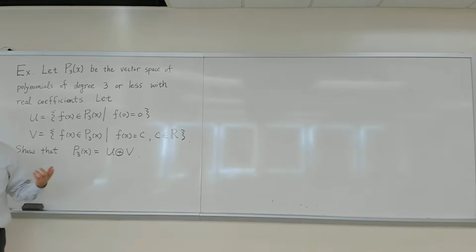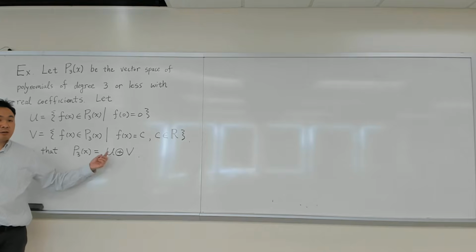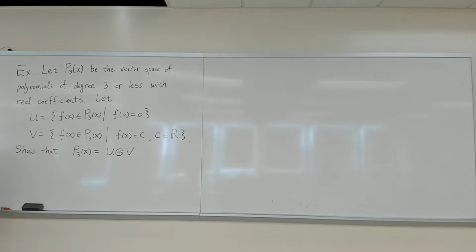The previous one only shows that P3x is u plus v, and then you have to show it's a direct sum.